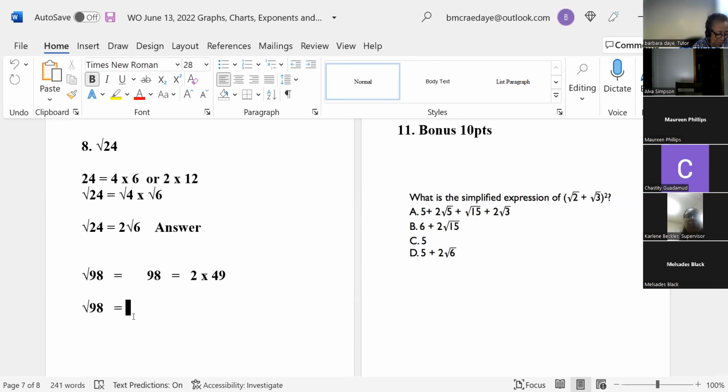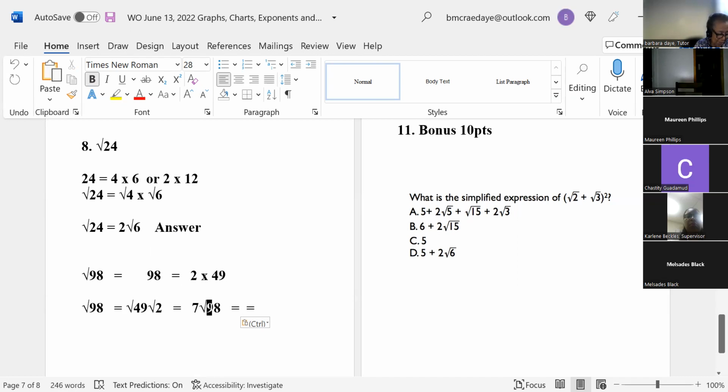So this would be, we can put our 49 here, right? Square root of 49. We break this up into the two radicals. And you said a 2, so then we put a 2 here. And square root of 49, you say that's a 7. Now let's just put our square root of 2 here.